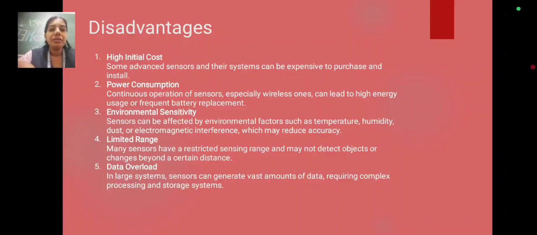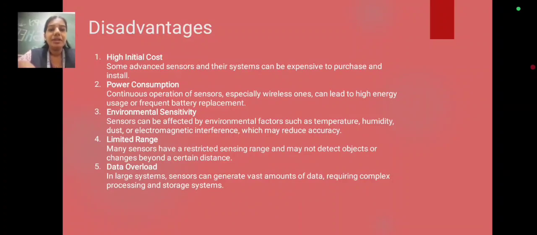Regarding power consumption, continuous operation of sensors, especially wireless ones, can lead to high energy usage or frequent battery replacement. In regard to environmental sensitivity, sensors can be affected by environmental factors such as temperature, humidity, dust or electromagnetic interference, which may reduce accuracy.